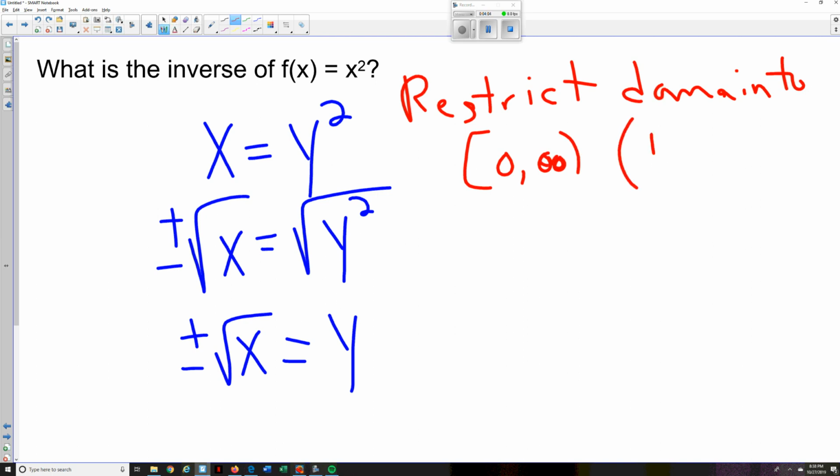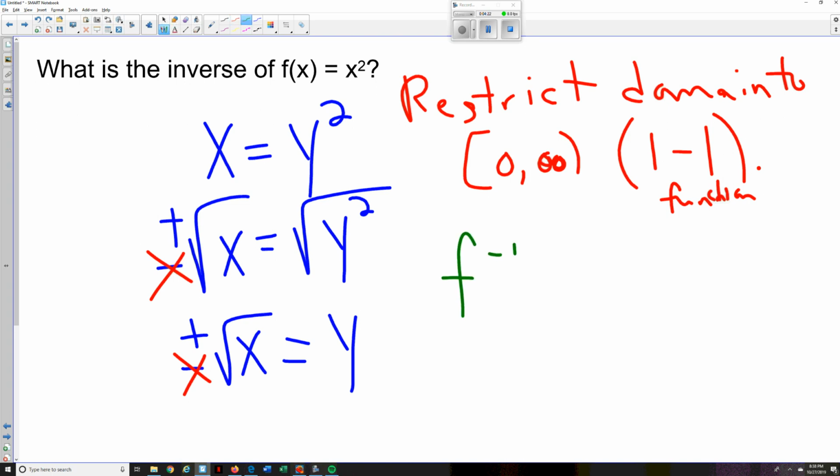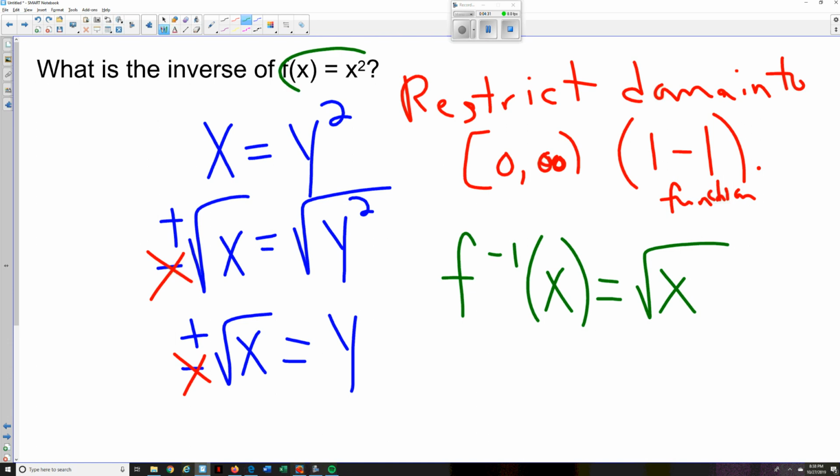And that makes it a 1-to-1 function. We've got to restrict the domain. And so what that does is it takes this part off here, and our f inverse of x equals the square root of x. So this inverse, when we restrict the domain, is this here.